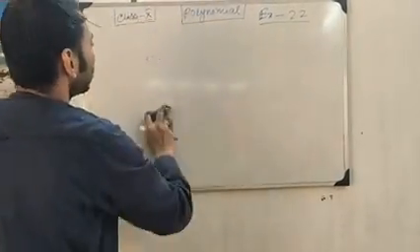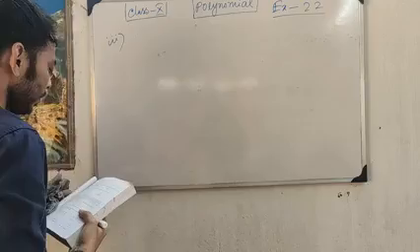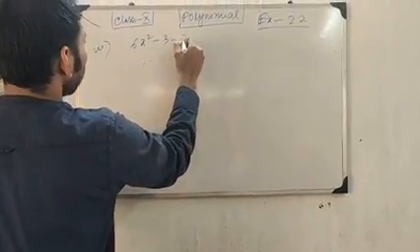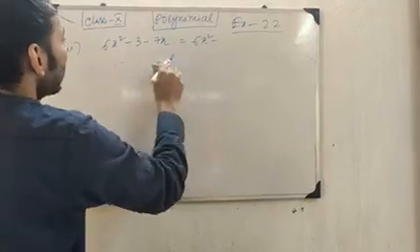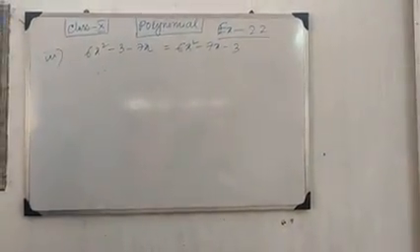I am now solving number 3. 6x square minus 3 minus 7x. That means arranging in the standard form, 6x square minus 7x minus 3.